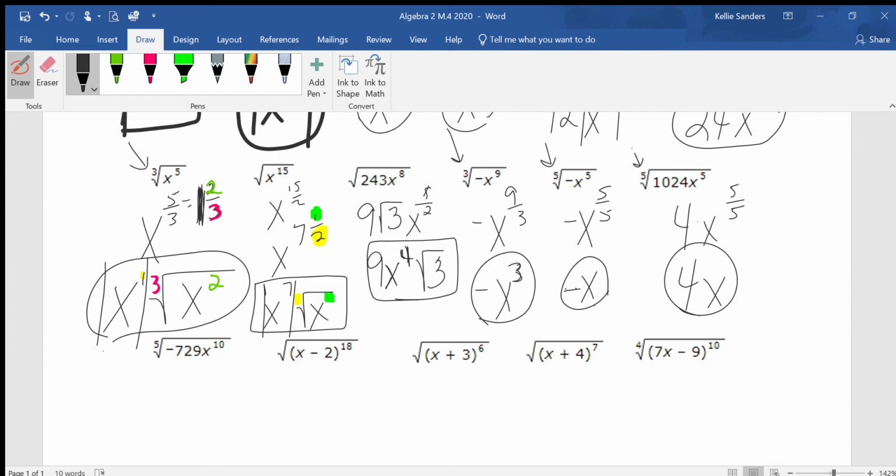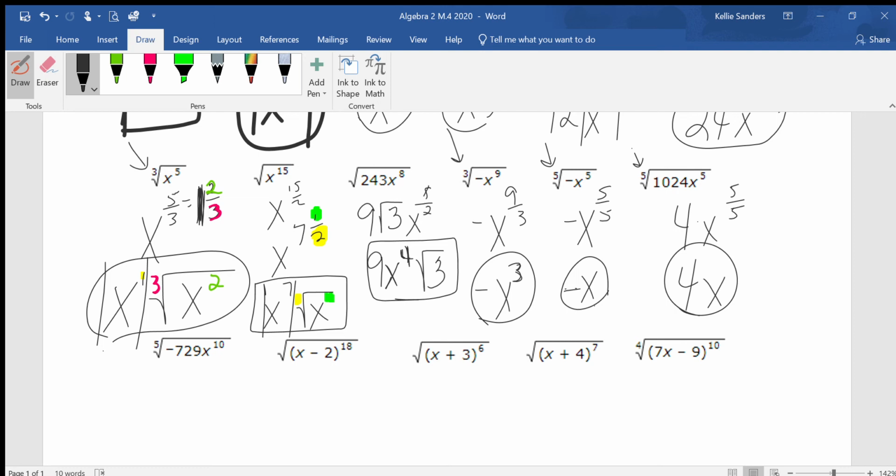Uh-oh. Okay, I'm going to come back to that because I'm going to need more space for it. Let me try one more thing. 729 to the 1.